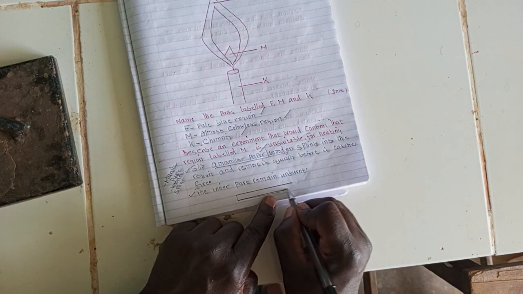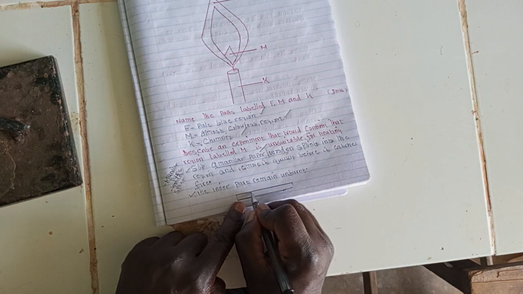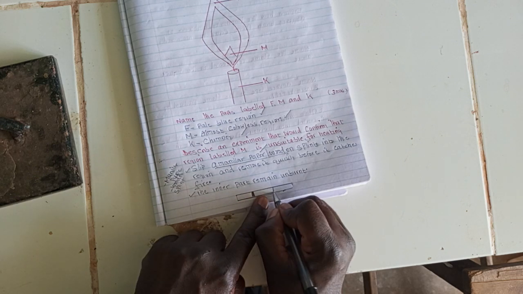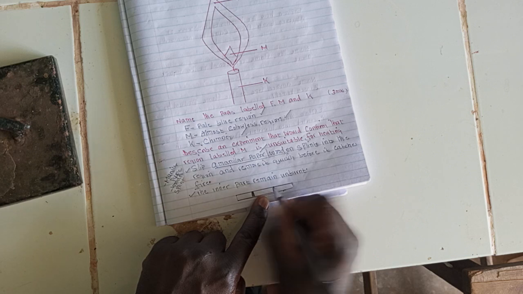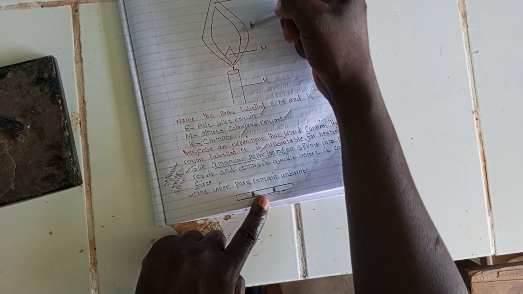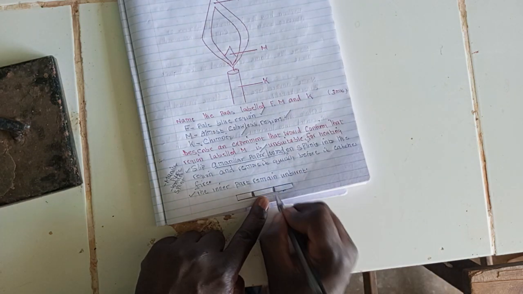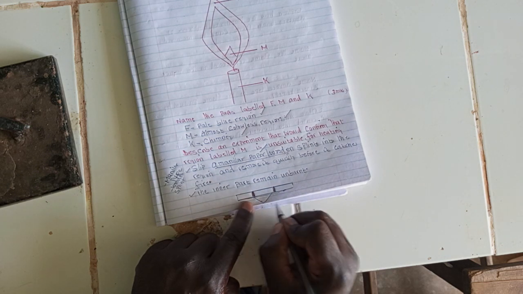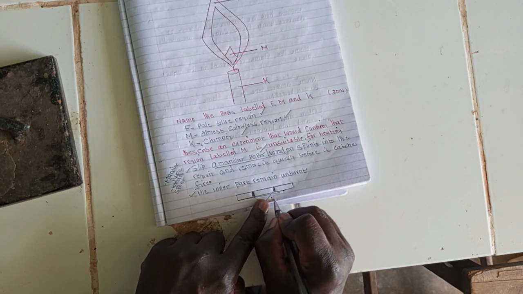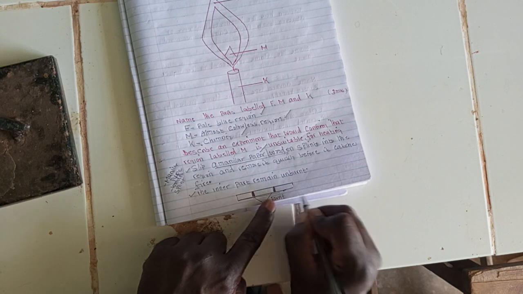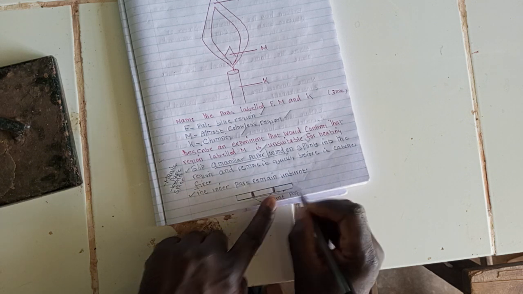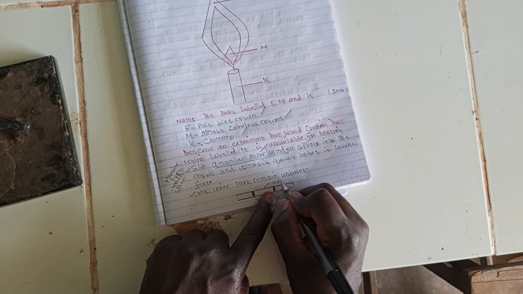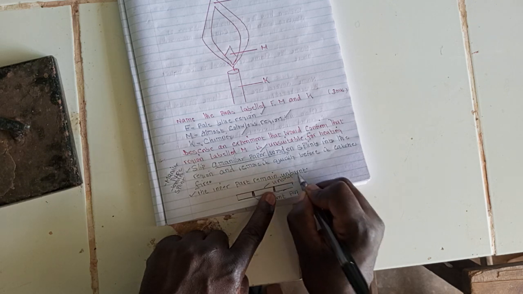You get this result when sliding in because the outermost part of the flame, that is the pale blue region, is the hottest. So this part will burn, or char, this side of the splint.